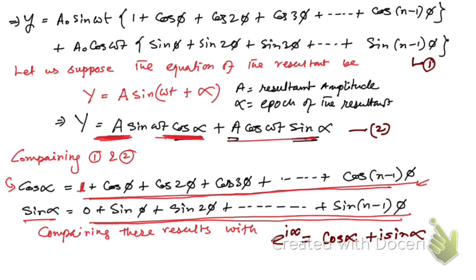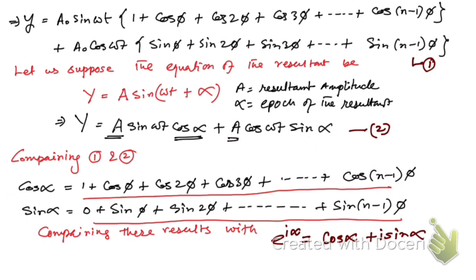a cos alpha. Okay, so this is cos alpha. So a cos alpha is nothing but, here you see, just wait.